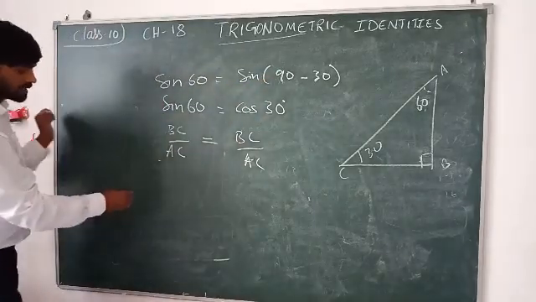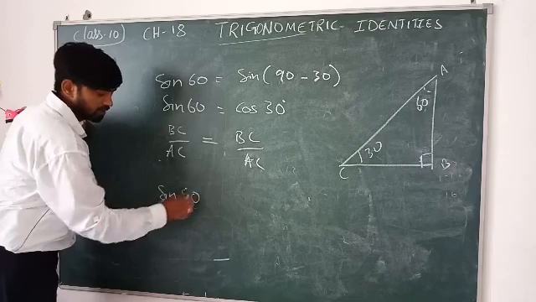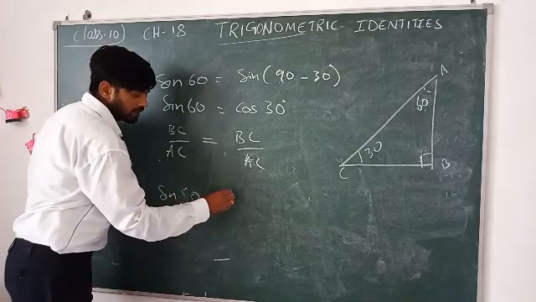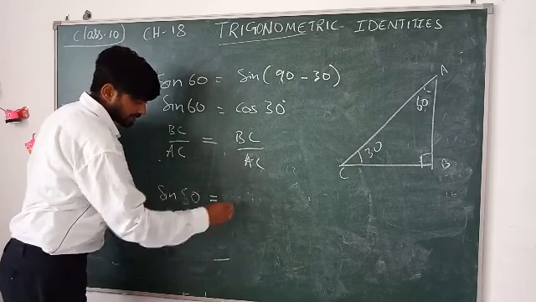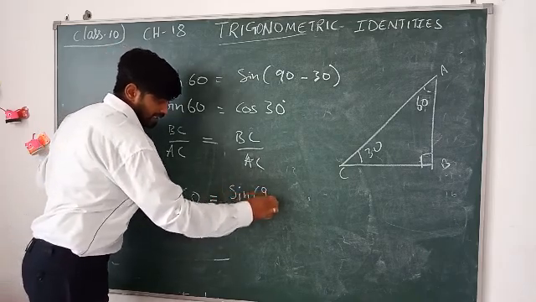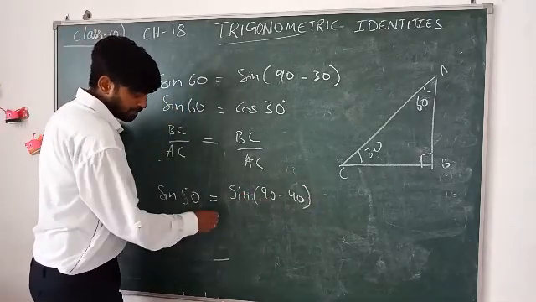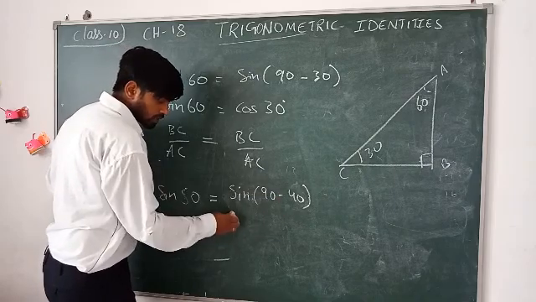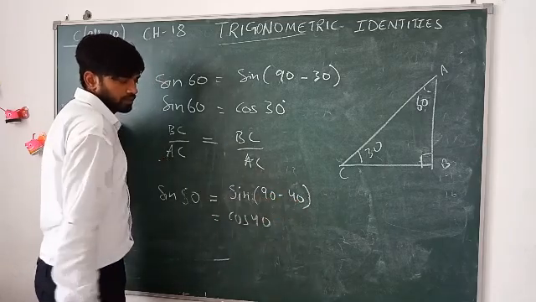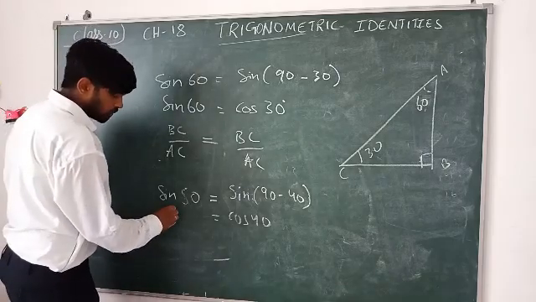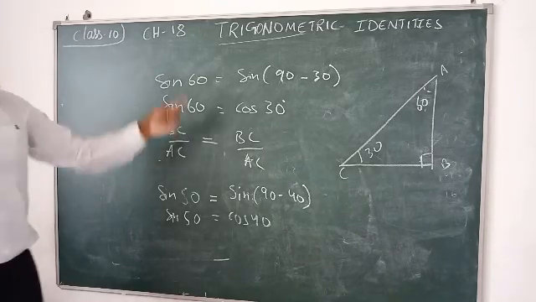I'll give you one more example. Let's say sin 50 will be equal to cos 40. Why? Because sin 50 I can write as sin of 90 minus 40. 90 minus 40 gives 50 again. But when sine is subtracted from 90, I can also write it as cos 40, meaning the other angle is 40. So whatever the value of sin 50 is, it will be equal to cos 40.